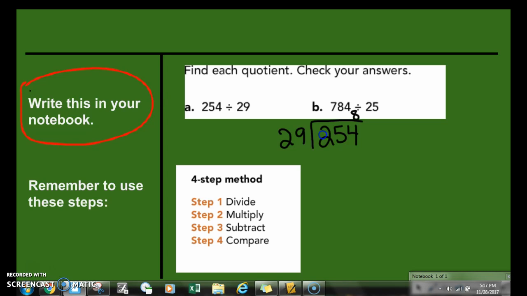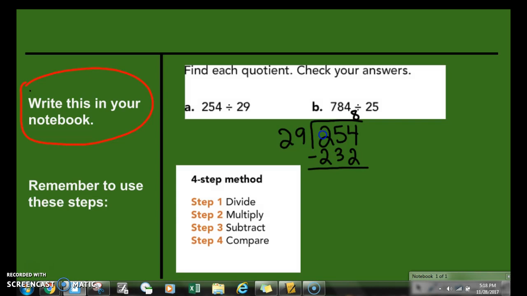Sorry, it's kind of smushed up there. So 8 times 9 will give you 72. Carry your 7. 8 times 2 is 16. Add your 7 to that. It will be 23. Okay? At this point, you are going to subtract your product from the original number that we had.